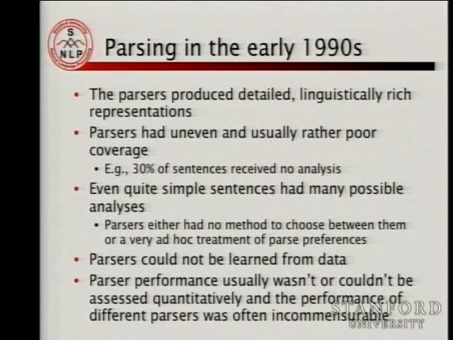Another problem was that lots of people had lots of different parsers, but apart from kicking the tires and trying it on some things, there really wasn't much of a quantitative way to get a sense of how good different parsers were. Partly, you could measure on what percentage of sentences the parsers failed to return anything, but you obviously want to know more. You want to know if they do return something, is it correct, and what's the quality of the analysis, etc.